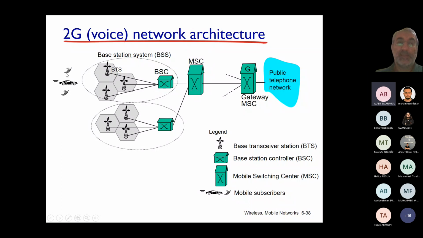We have the mobile device, which connects to the BTS, base transceiver station, through the wireless link, and the BTSs are connected to the BSC, base station controller, which is responsible for the base station system. Multiple BSCs are connected to the mobile switching center, and then the mobile switching center is connected to the gateway mobile switching center, and then the wired network.